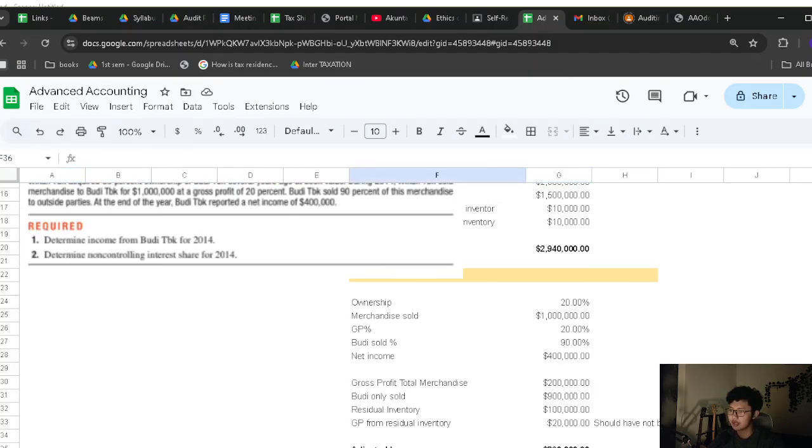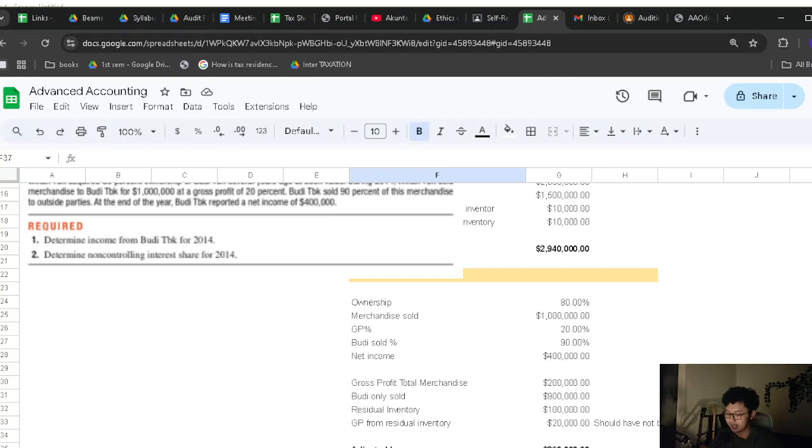As for the second question, the non-controlling interest, again, in simple terms, if the parent company owns 80%, they're the controlling company. Why did I write 20%? This is supposed to be 80%, right? So if they own 80%, that means the non-controlling interest is 20%, because that will make up to 100. That's what it means.